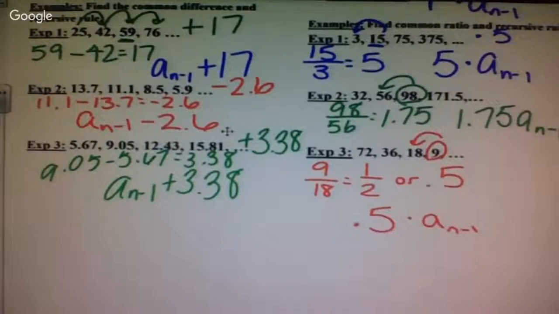So Ashley said if I were adding on this one to go from here to here, I would have added 24. Well, how do I know that this is not addition? What happens when I add 24 to 56? It doesn't give you 98. This only gives me 80, which tells you that it's not addition. Okay, so that's a good way to check yourself. It tells you that it's not arithmetic.